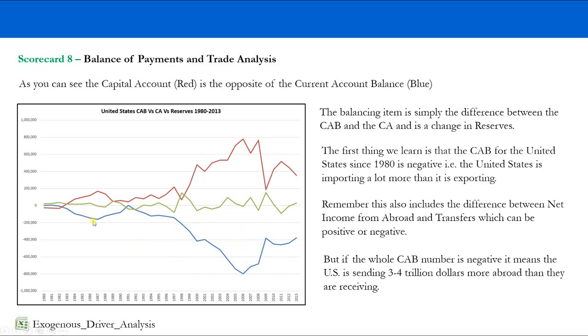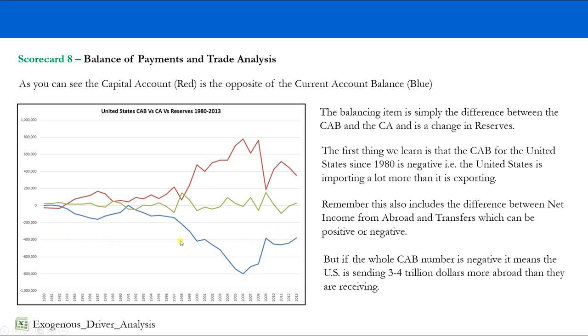From 1980 to 2006, the US is a net importer in the current account balance, and they're sending much more foreign currency abroad in dollar terms than they're receiving in dollars. Since 2006, this position has improved in the current account balance. It's got better, but it's still overall negative.